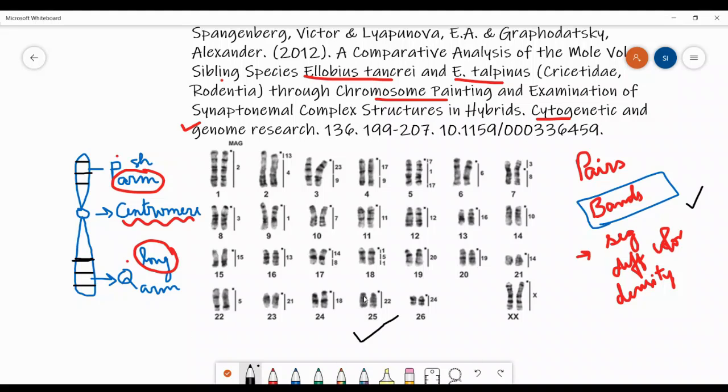In humans, we have 22 pairs of autosomes. So 44 autosomes in humans, and sex chromosomes.